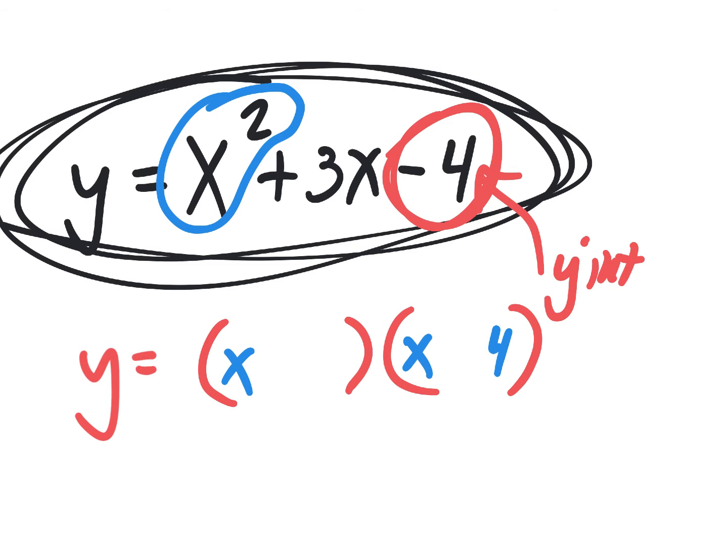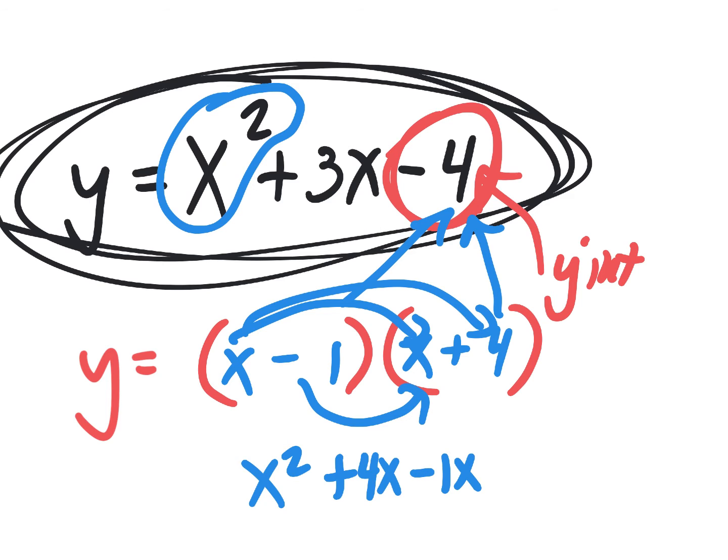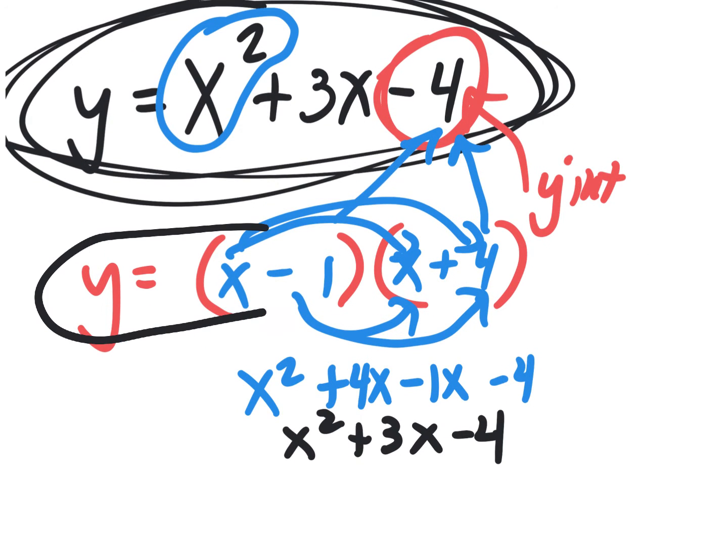And 4 times 1 makes 4, and one of them needs to be negative, and then one needs to be positive, and then if I multiplied this out, I'd have x squared plus 4x minus 1x minus 4, which, whoa, is the same thing as I had in the first place. What just happened? I factored that.